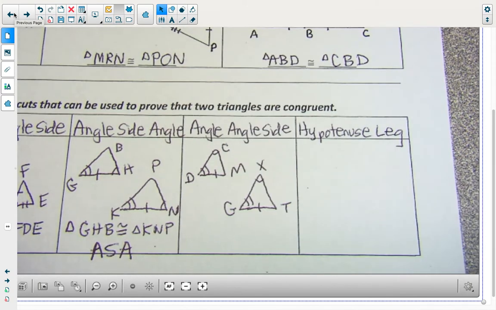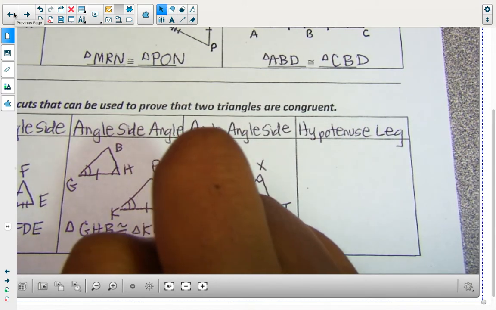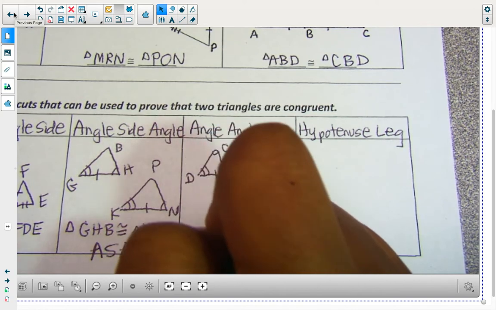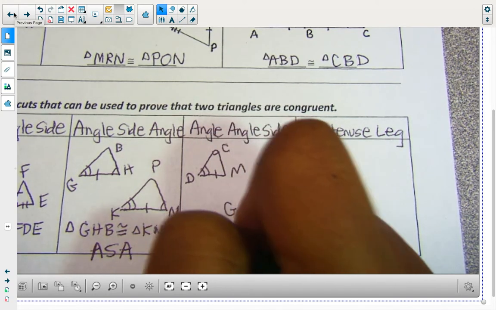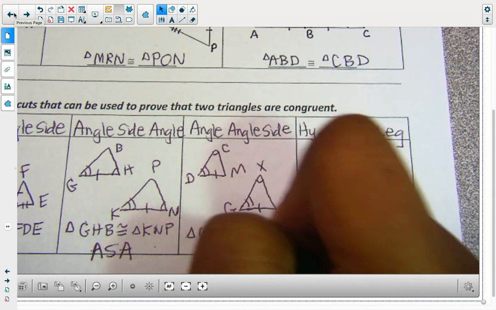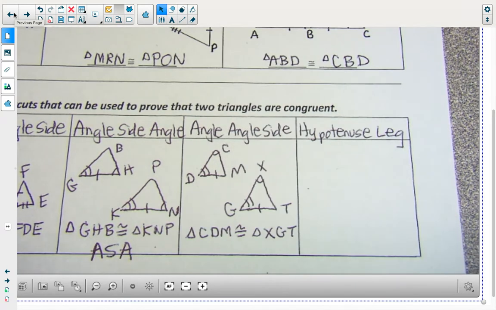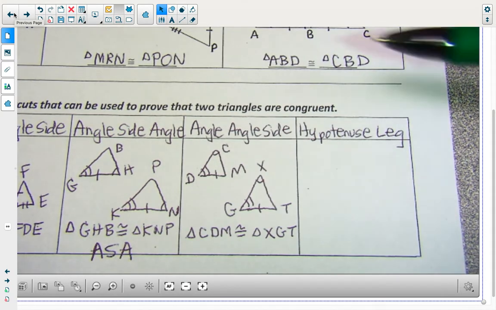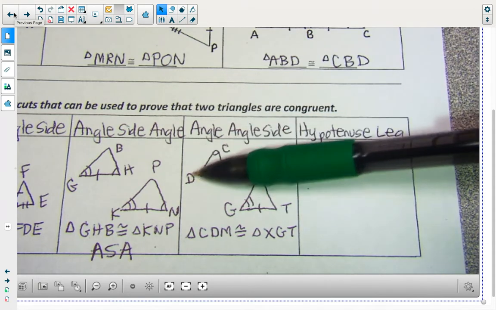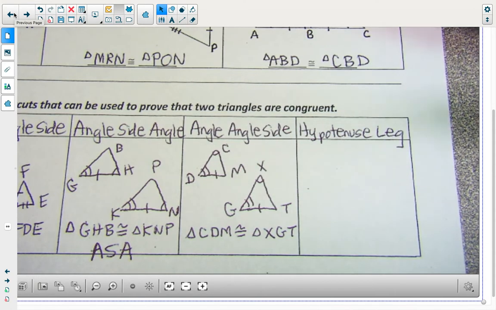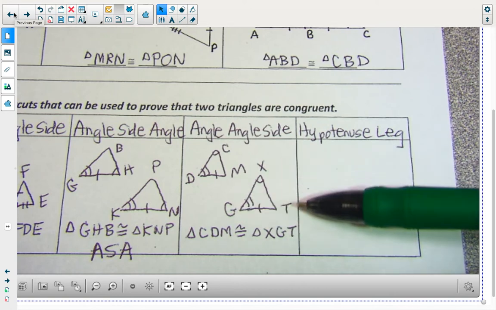All right. So these two triangles, we have triangle CDM is congruent to triangle XGT. So looking here, we have triangle CDM is congruent to triangle XGT.